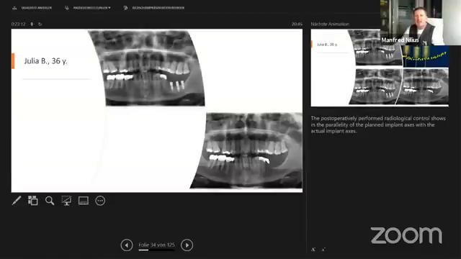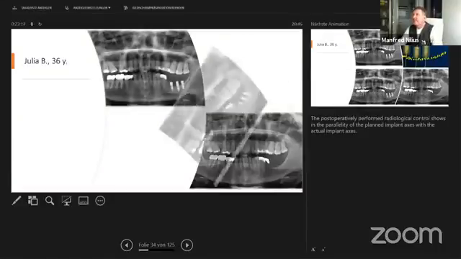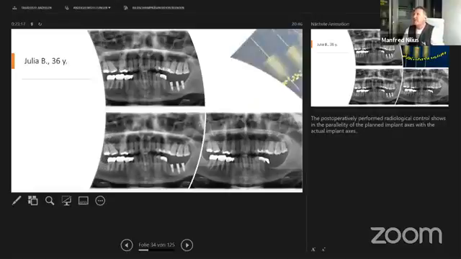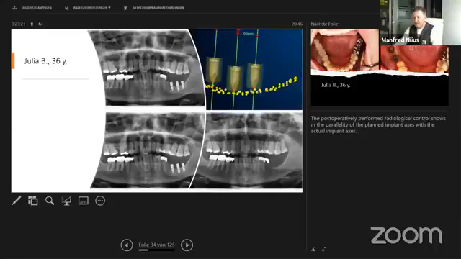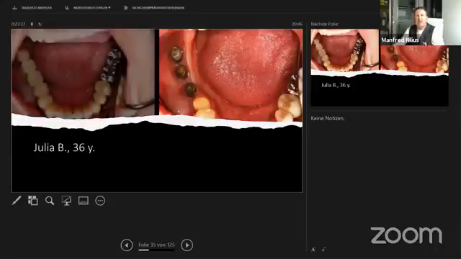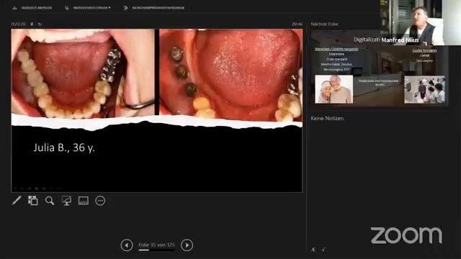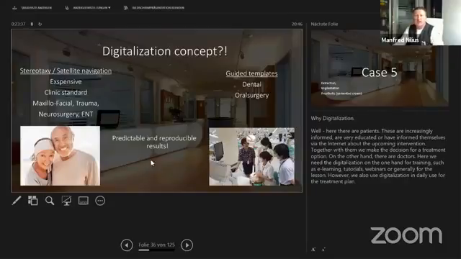This is the final CT after planning. Planning is almost 1-to-1 without big differences, and the final restoration here. On the right side, these are the old metal crowns. I think they were made in Ukraine, and these are the cemented crowns on abutments. So finally, guided templates are the goal in dental implantology and in oral surgery.